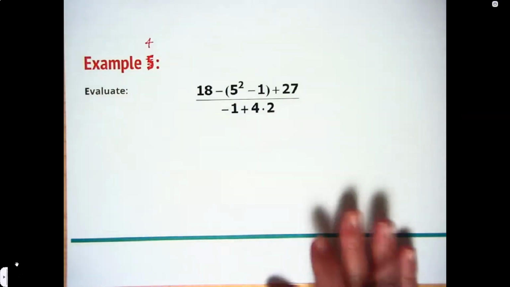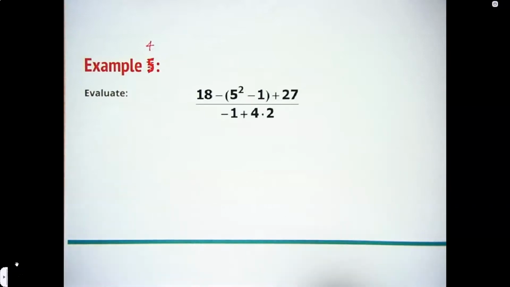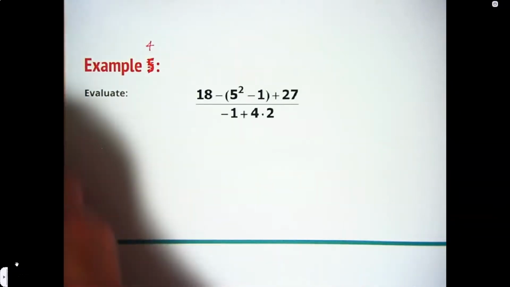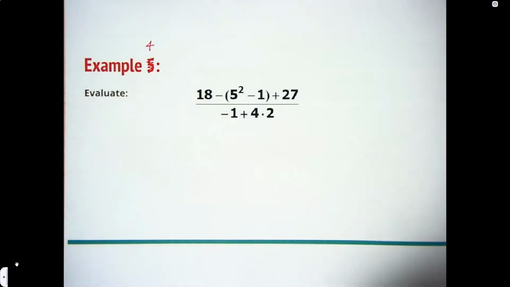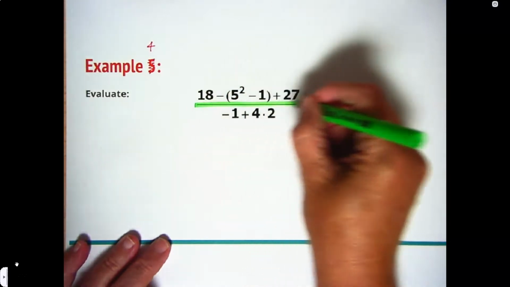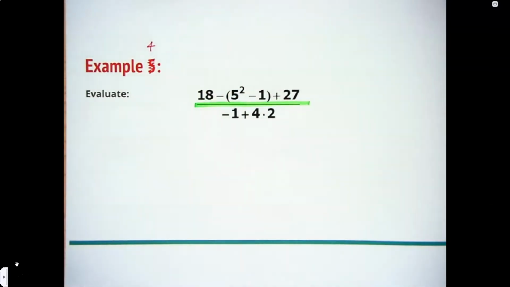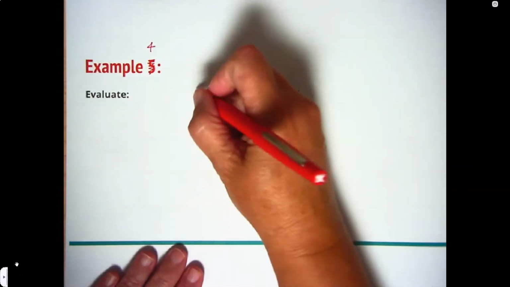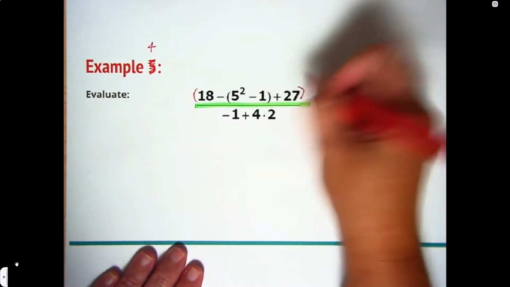All right, now, I know how much you all love fractions, so I wanted to remind you about a fraction bar as a grouping symbol. So when I look at this, there is my fraction bar. That is a type of grouping symbol because it creates two groups.